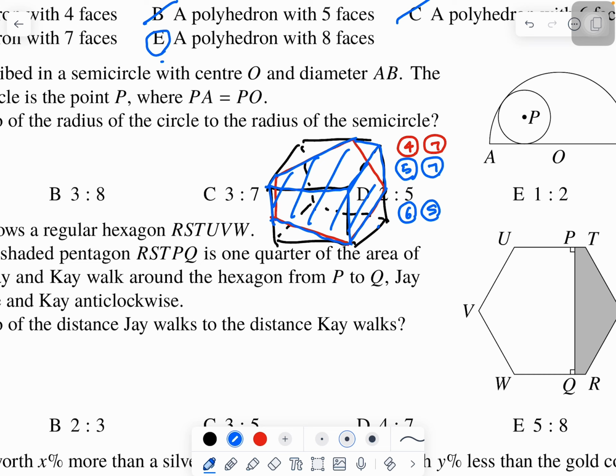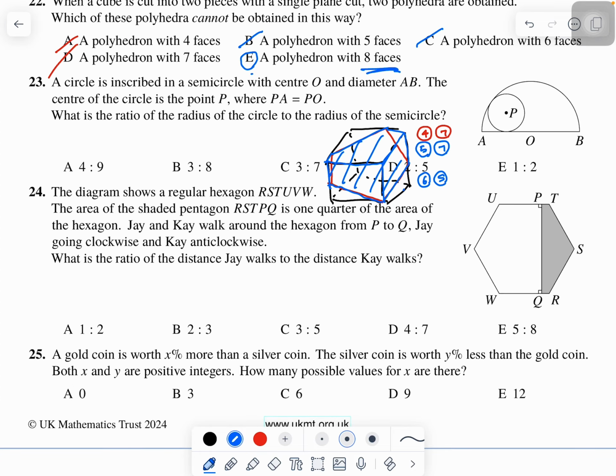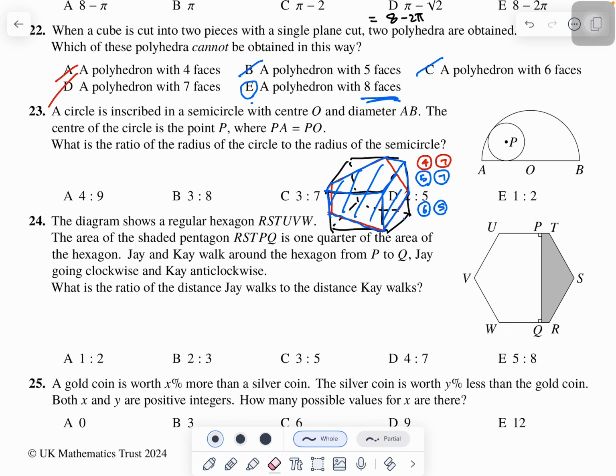Anyway, the cube has maximum these 6 faces, and we can cut just one plane like this, so we can add only one more plane. In this case, 8 means 6 plus 2, but we can make only one cut, so this cannot work. So E does not make sense.